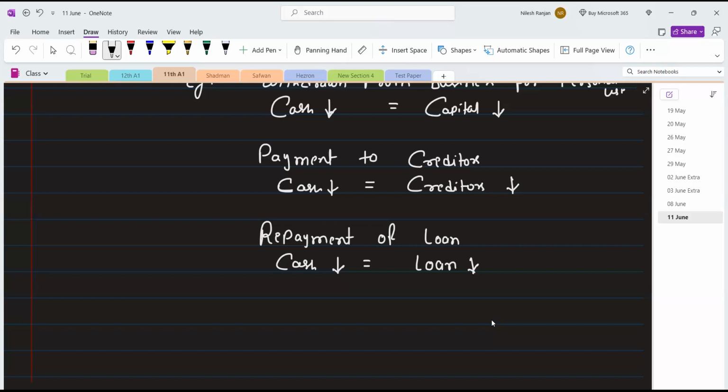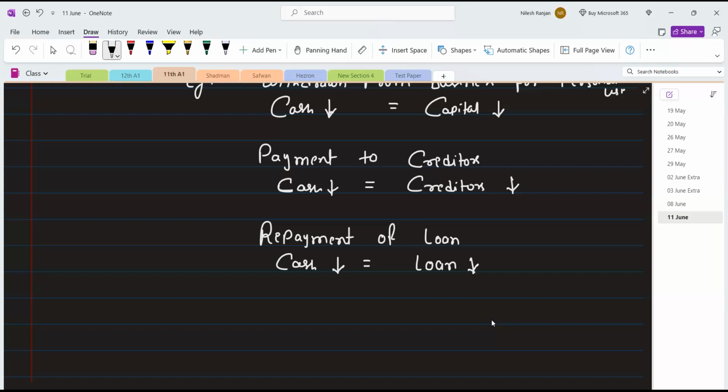Can you hear me now? Yes. I was saying, how is withdrawn cash from business for personal use a decrease in asset, but how will it also be a decrease in liabilities?